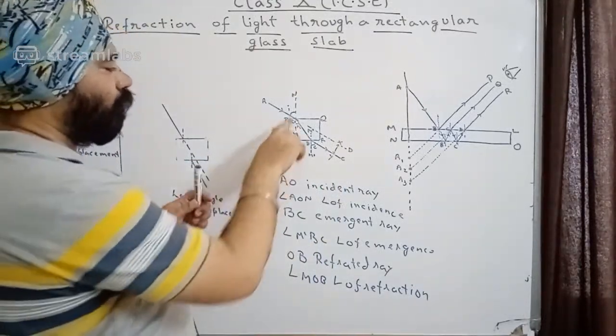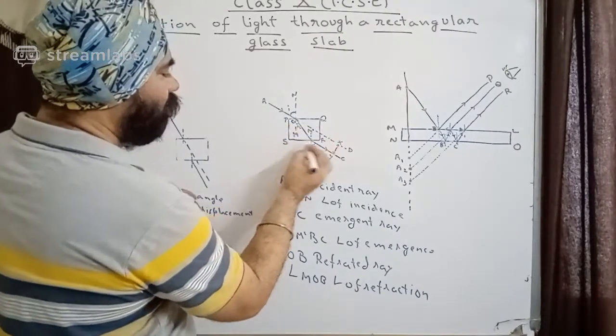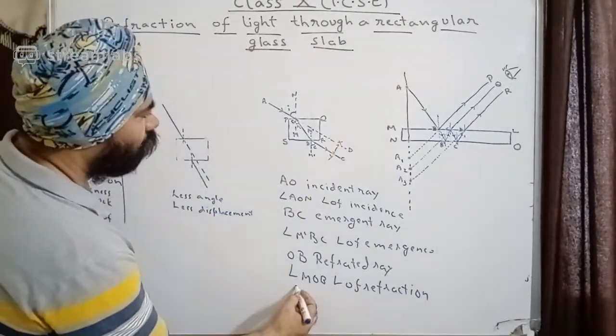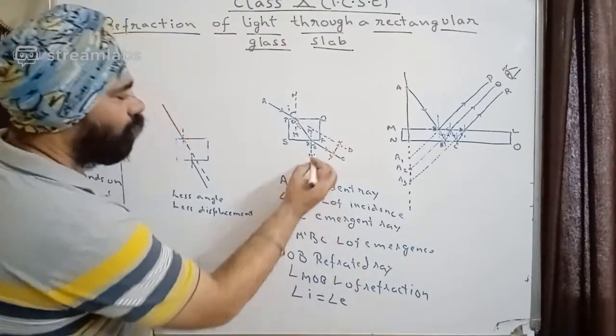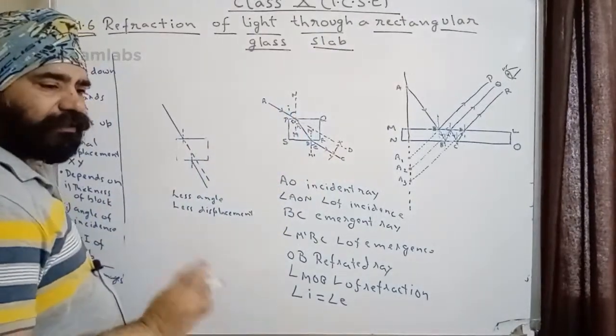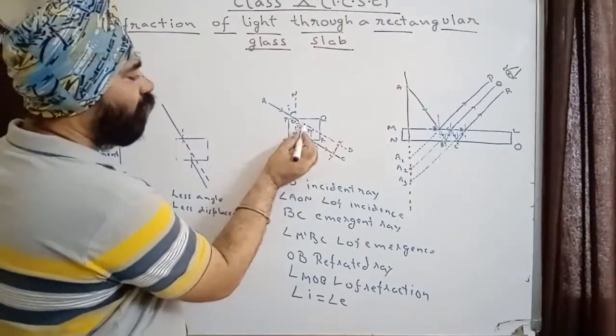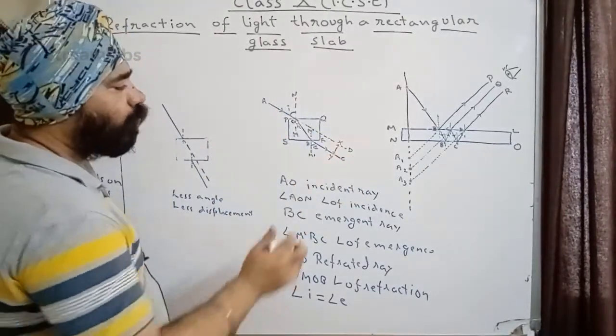Because of reversibility of light, because these are parallel surfaces, PQ and RS are parallel to each other, therefore angle i is equal to angle e. The angle of emergence is equal to the angle of incidence. Now if I extend my incident ray forward, then what do I see?